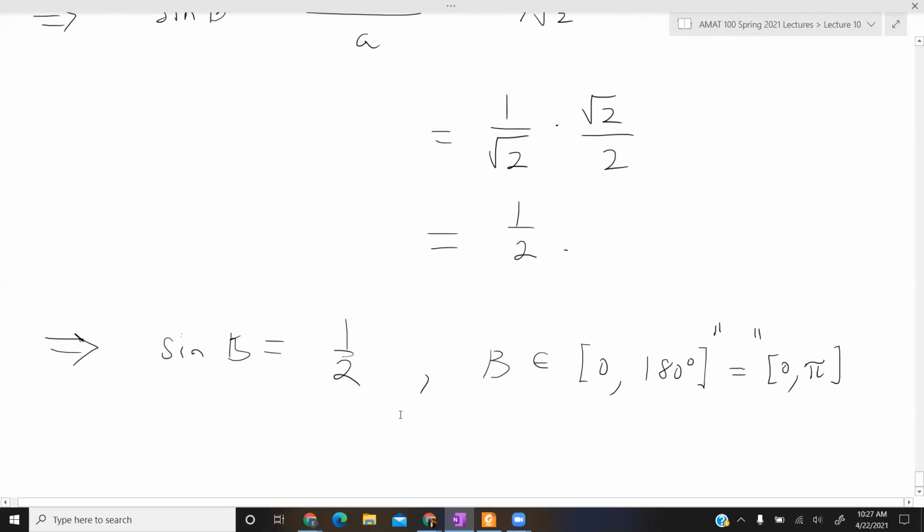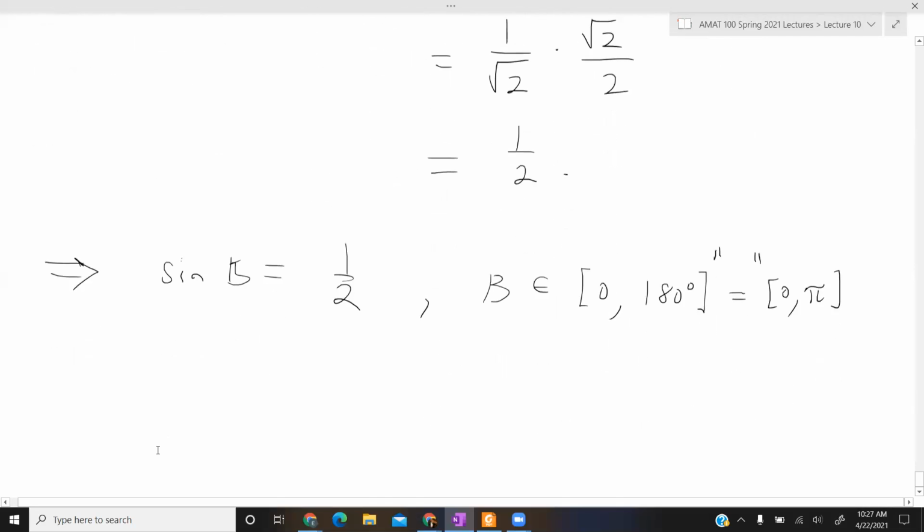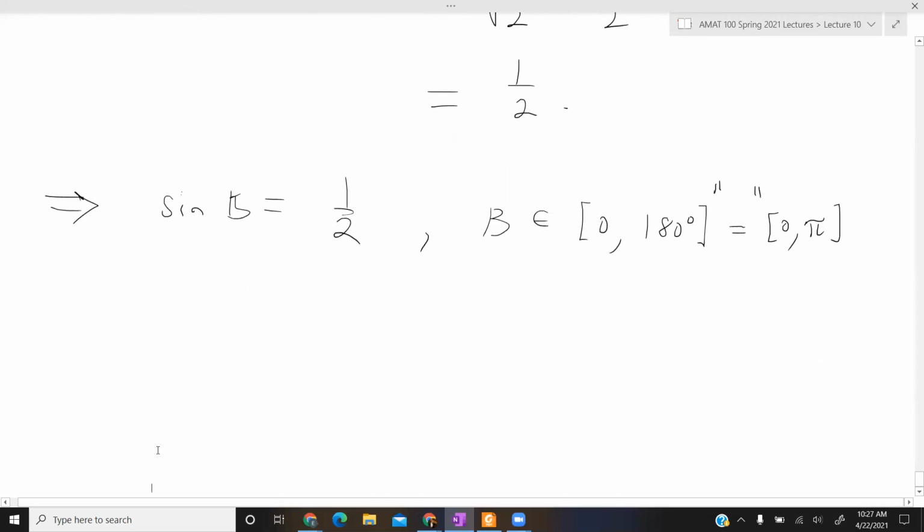Well, it turns out there are 2 numbers actually. If you get your unit circle out, or however you think about angles, we have these 2 approaches to thinking about angles at this point. You can find that B could be either 30 degrees or 150 degrees.